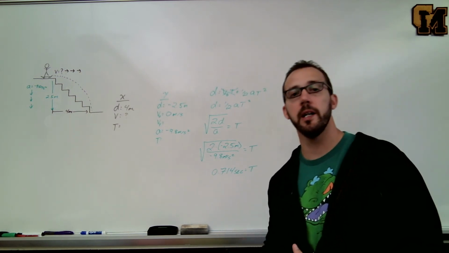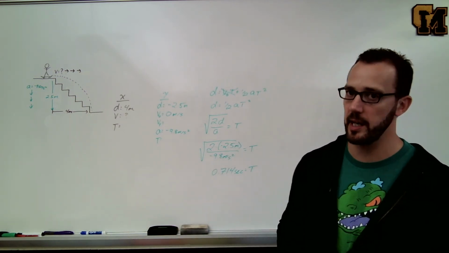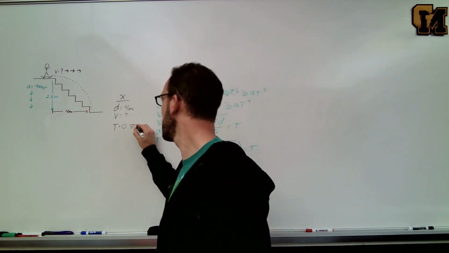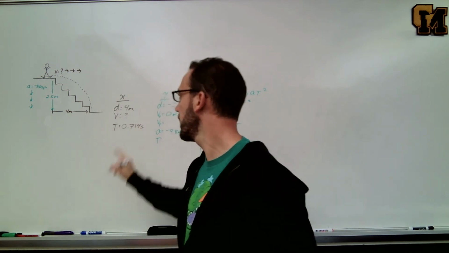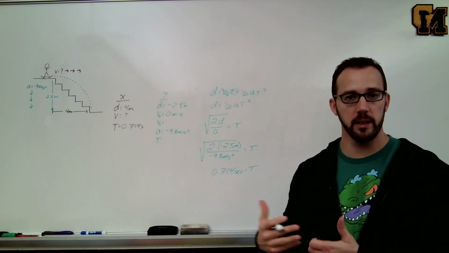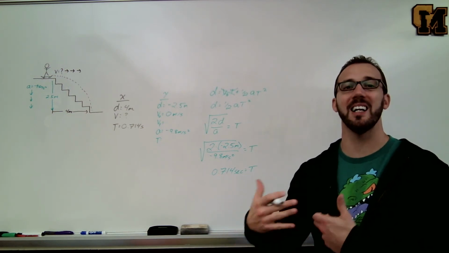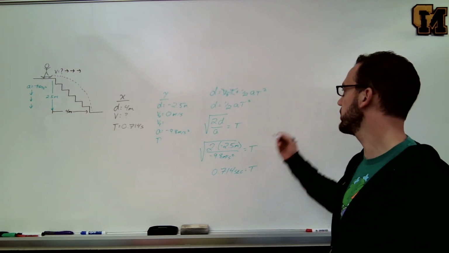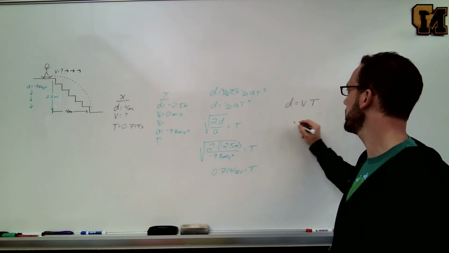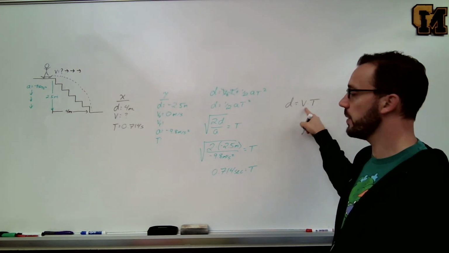Because that's the time in the y direction, it's also the time in the x direction. So I can write that in here. And now I can solve for velocity. Motion in the left and right direction for projectile motion is constant velocity motion. So we can use our constant velocity equation, d equals v times t. We're going to rearrange this for velocity.